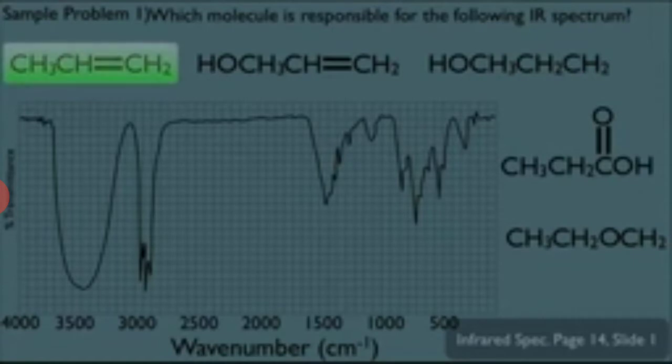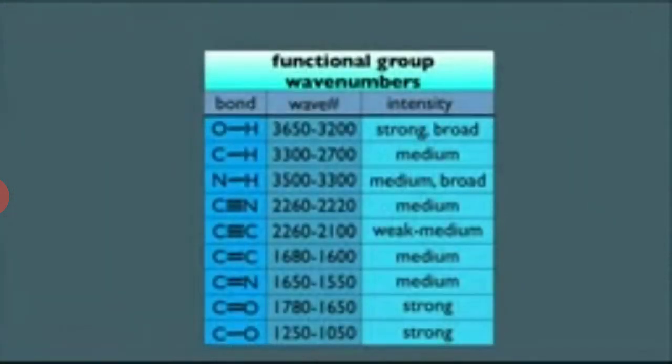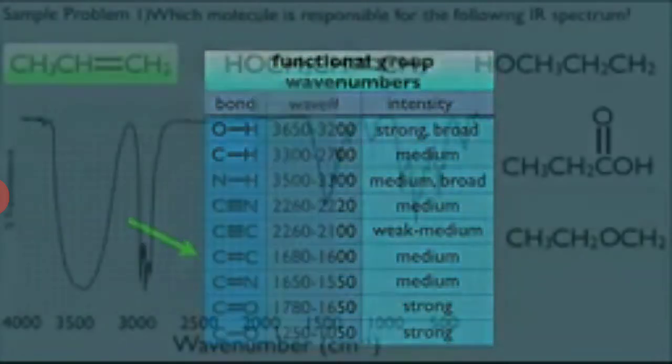So now we'll try to understand. Look at this molecule and try to find out what is the unique feature of this molecule. This molecule has a double bond, that is, it's an alkene. So try to find the carbon-carbon double bond. It falls in the region of 1600 to 1680 cm⁻¹.